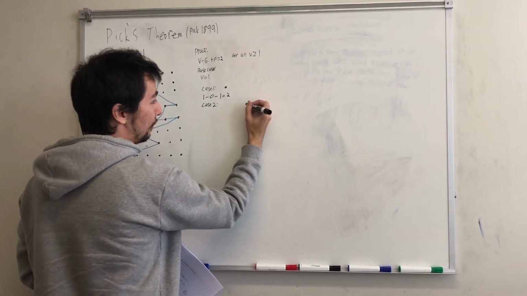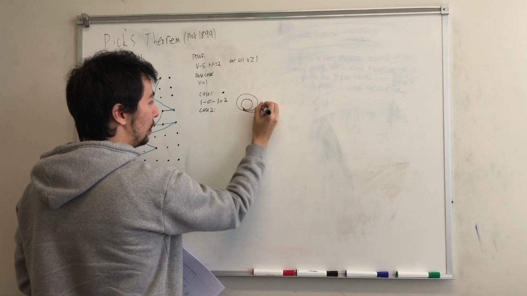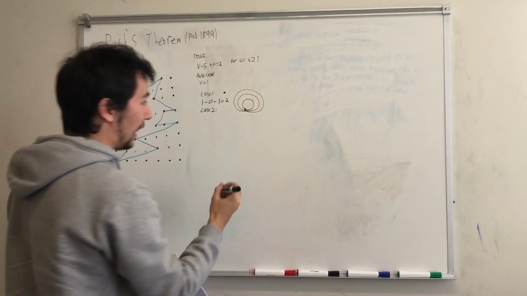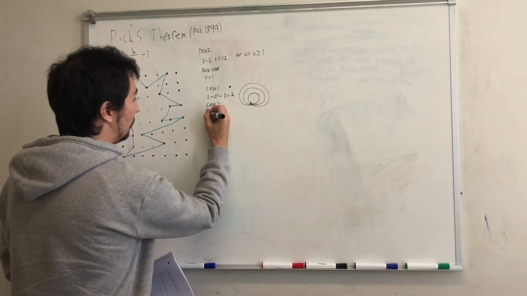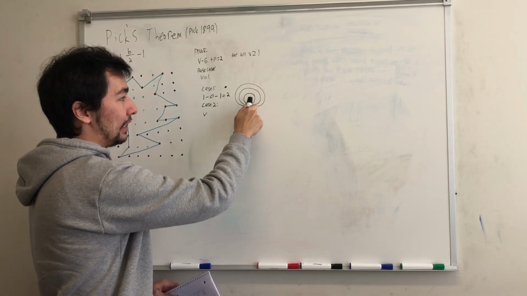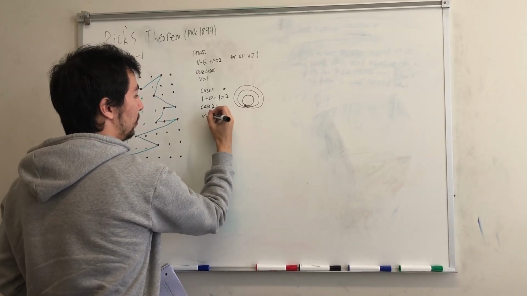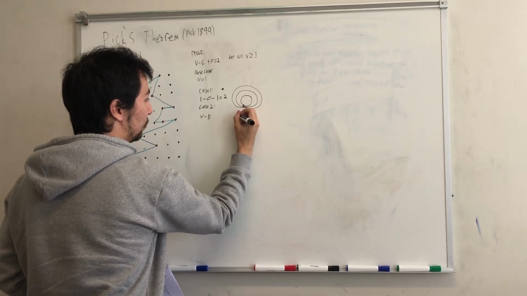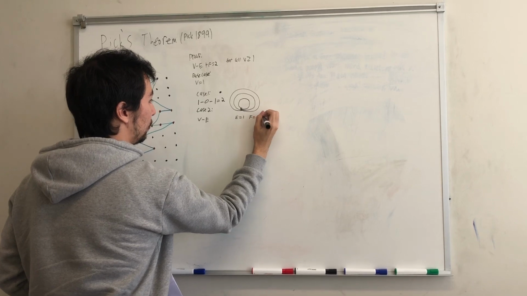And then for case 2, we have where there is a vertex, but this time it's the beginning and end of a Jordan curve, which is a simple loop. And then you can have as many loops beginning and ending at the point because they're not intersecting with each other at any point. So what we have there is that v is equal to 1, and then you'll notice that with each edge we add, we also are adding a new face. So with e equals 1, we would have f equal e plus 1.